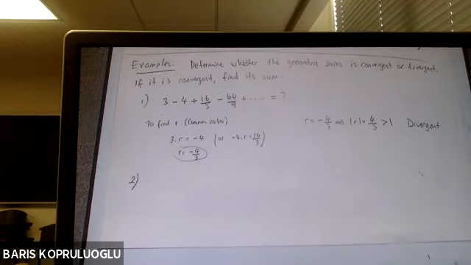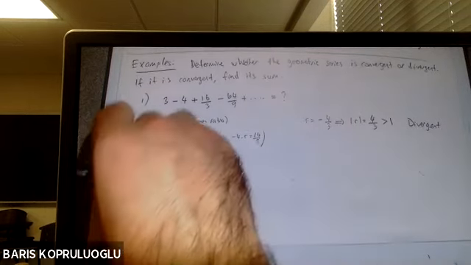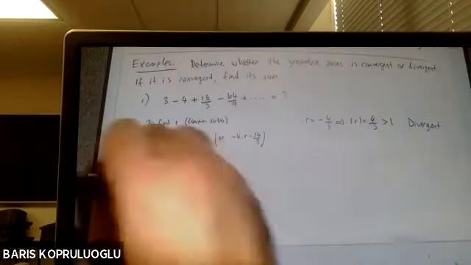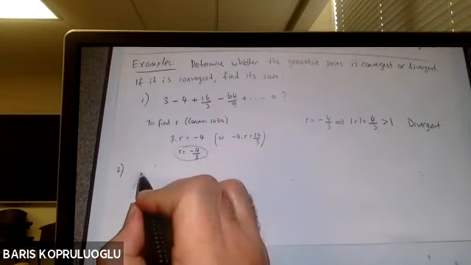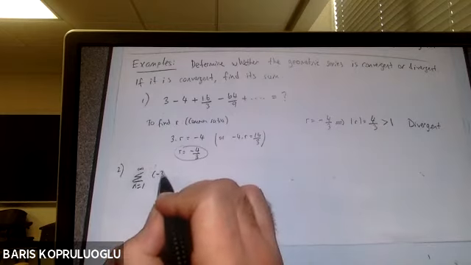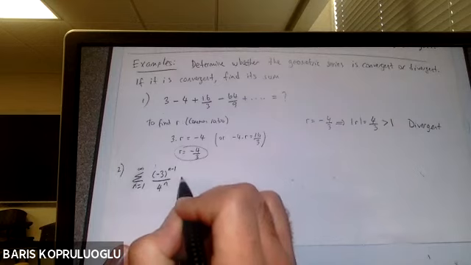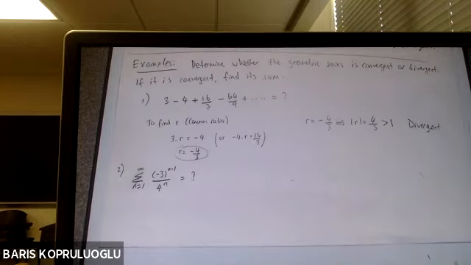Okay. The second example: -3 to the power of n minus 1 over 4 to the power of n.